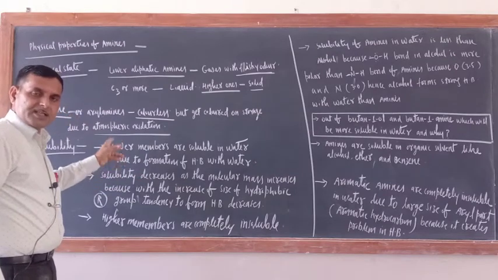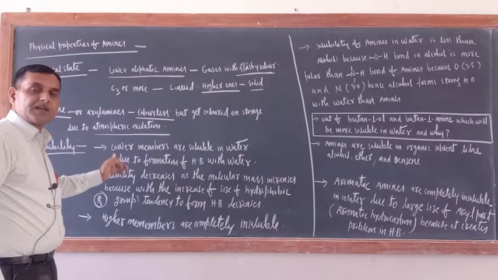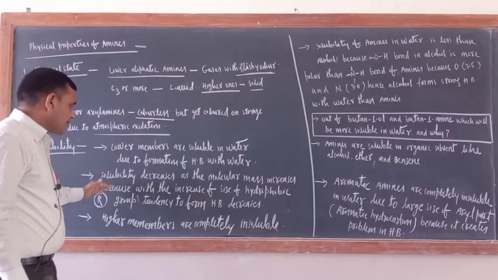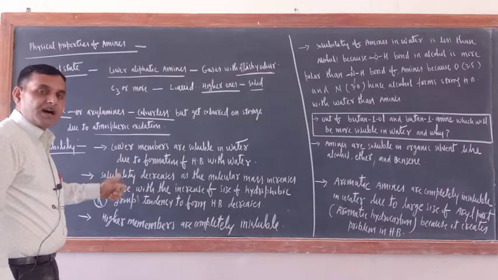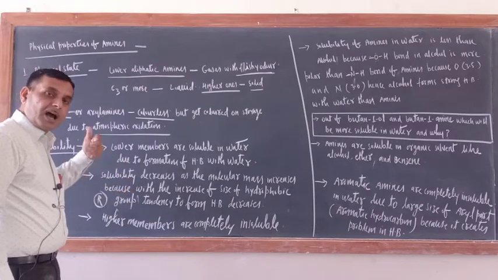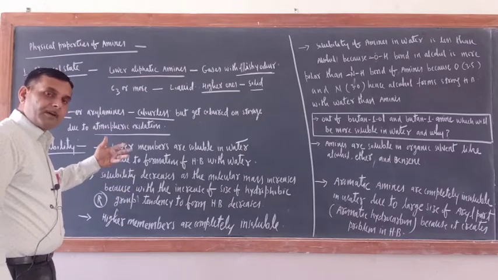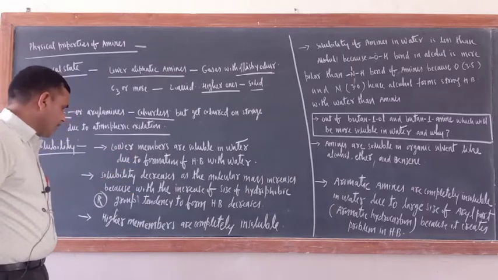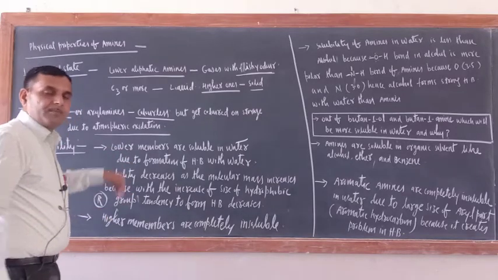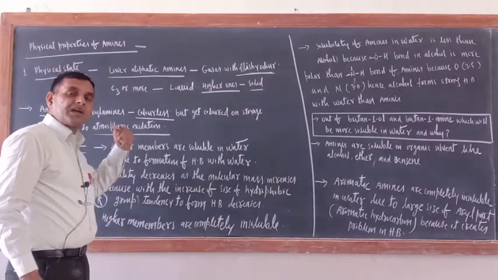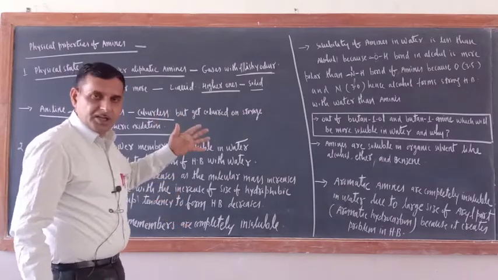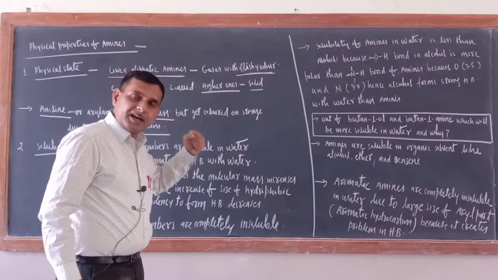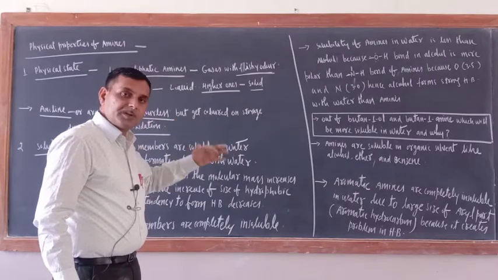Higher members are insoluble in water because of the bigger size of the alkyl group or hydrocarbon part. Very high members are completely insoluble because their alkyl group size is very, very large and they cannot form hydrogen bonds with water.